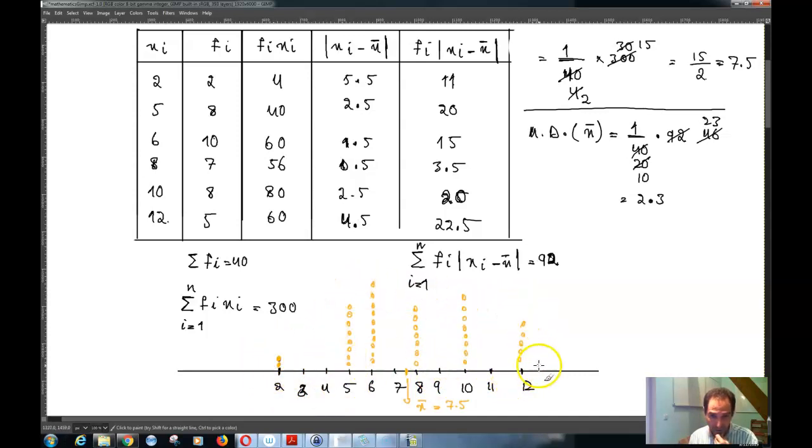Adding all of these observations together and dividing, you get 7.5.